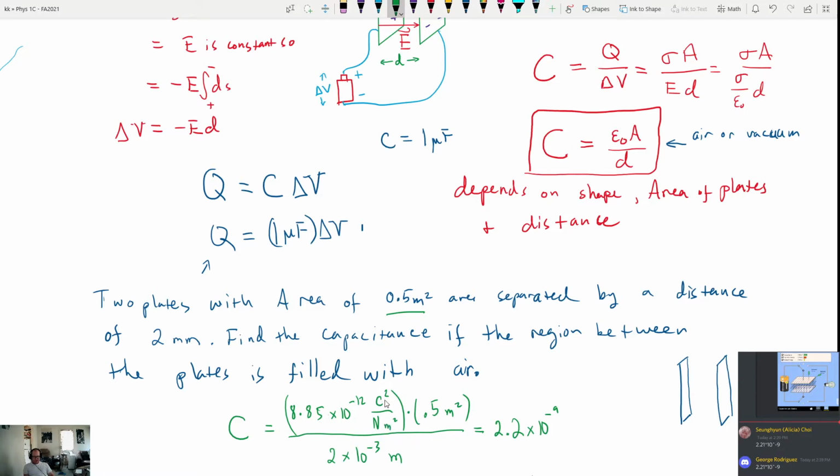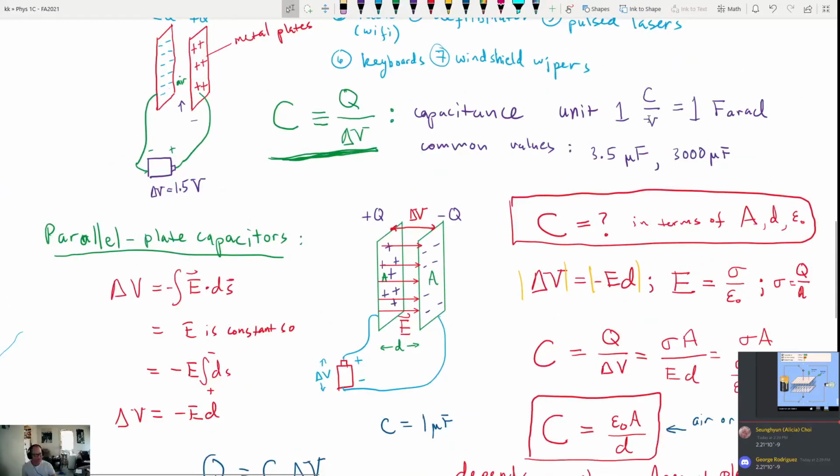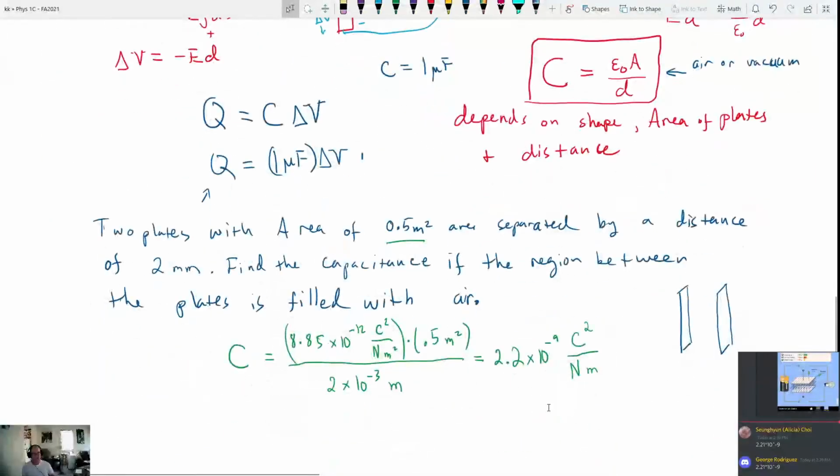There is a Coulomb squared divided by Newtons times meters. So somehow we have to prove that this has the same units of coulombs divided by volts. And it should, if we work it out.